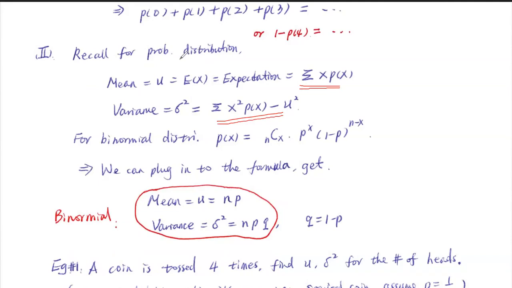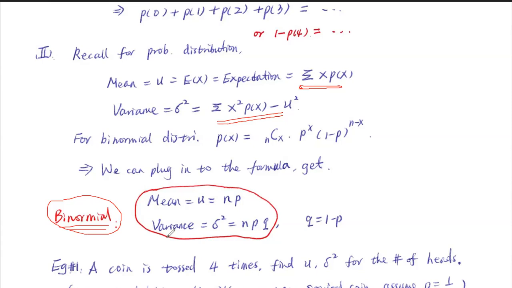For this special distribution, this formula here is only for binomial distribution. It's not always right. Only for binomial distribution can you apply that. This other formula here is always right, but if you want to use this way to do the calculation, it will take you forever.